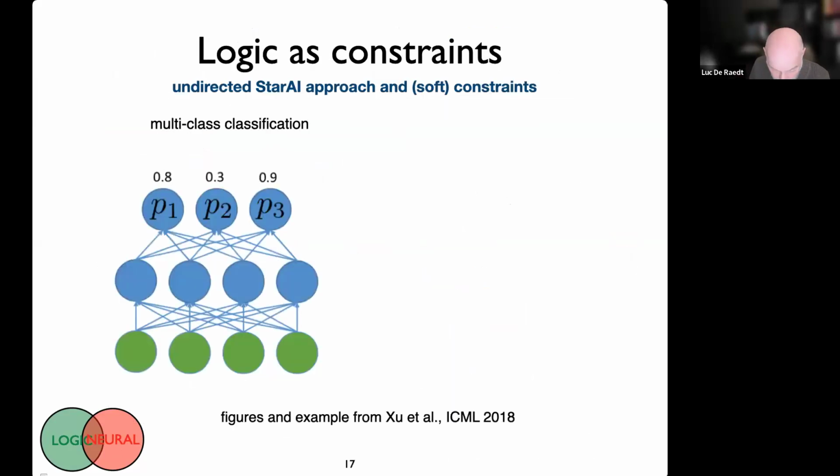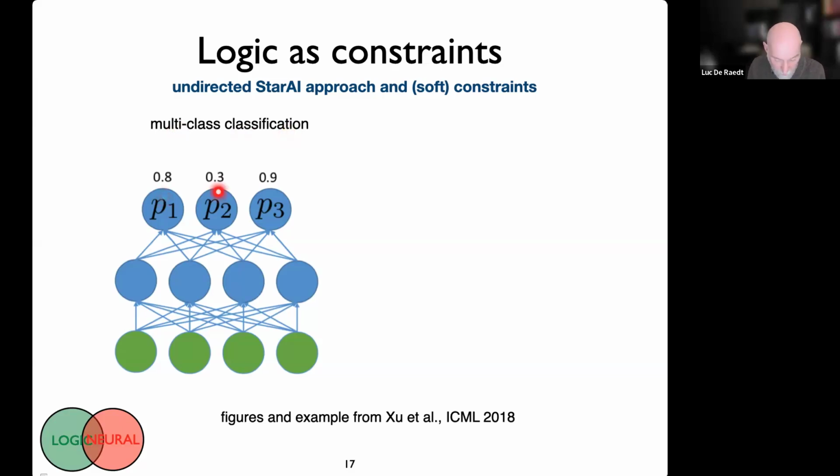And there's a beautiful approach by Guy Van den Broeck and his team at UCLA. It's best illustrated on this simple example that's taken from their paper and presentation, where you have a typical neural network, and the task is to do multi-class classification.